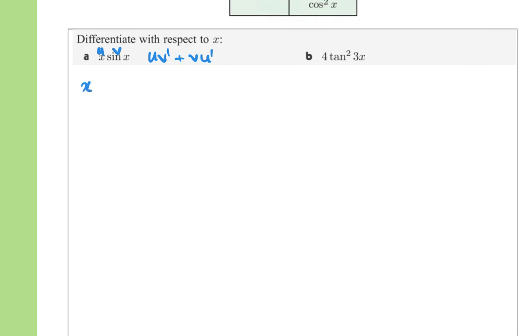Well, the derivative of sine is cosine of x, plus v, which is sine of x, times the derivative of x, which is just 1. So all up, we end up with x cosine x plus sine of x.